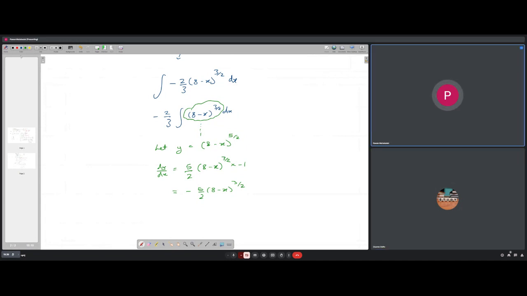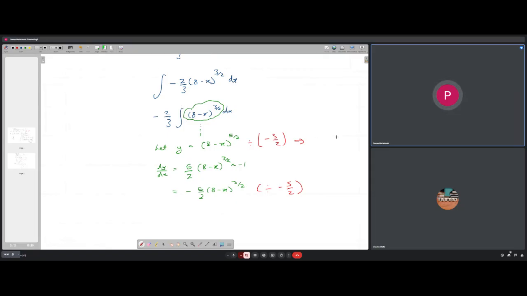So then remember, the thing that we want is we just want 8 minus x to the power of 3 over 2. We've got minus 2.5 times that. So all we have to do now is just divide it by minus 2.5, or minus 5 over 2, I should just say, right? So that means I should divide the original thing that I considered by minus 5 over 2 also.